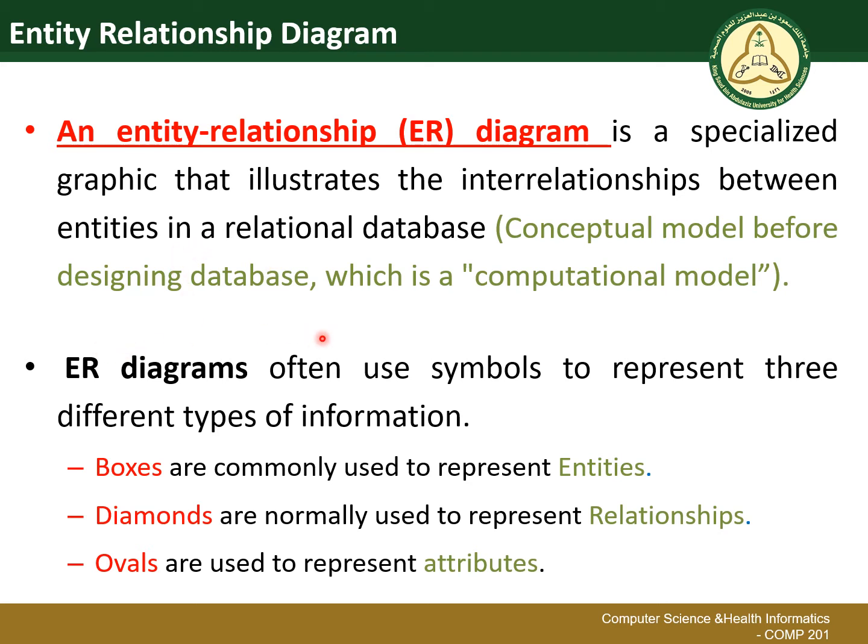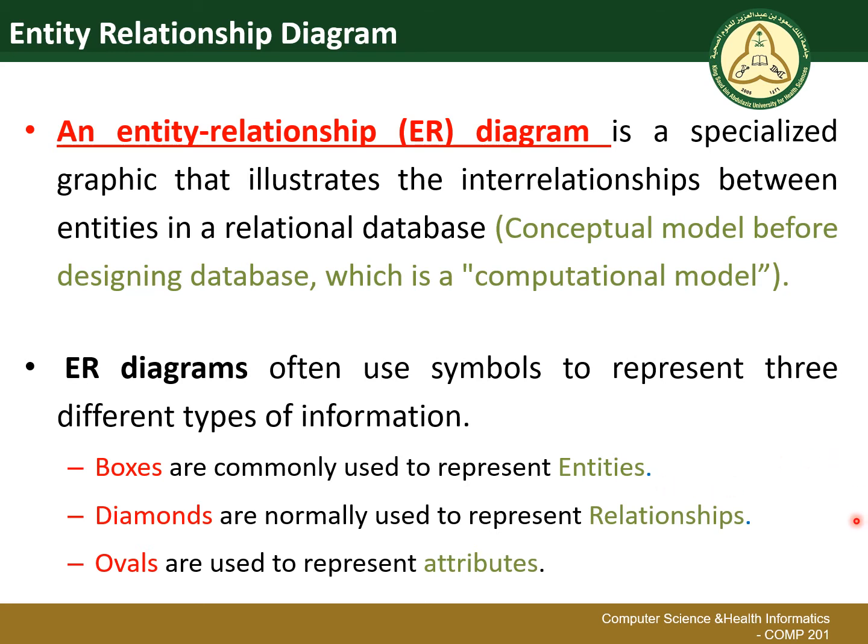So the entity relationship diagram is a conceptual model, and creating the actual database will be considered a computational model. The ER diagrams often use symbols to represent three different types of information. The boxes will be commonly used to represent entities, which are tables.